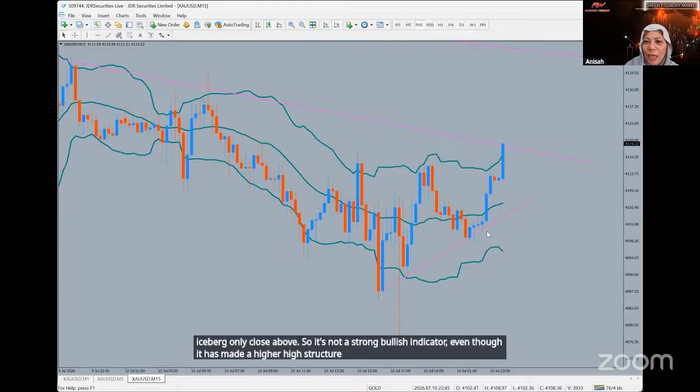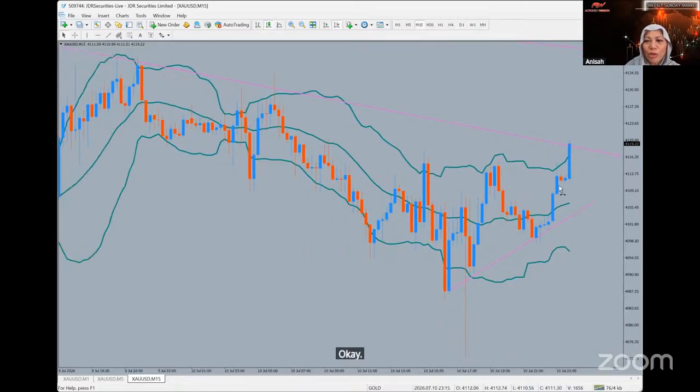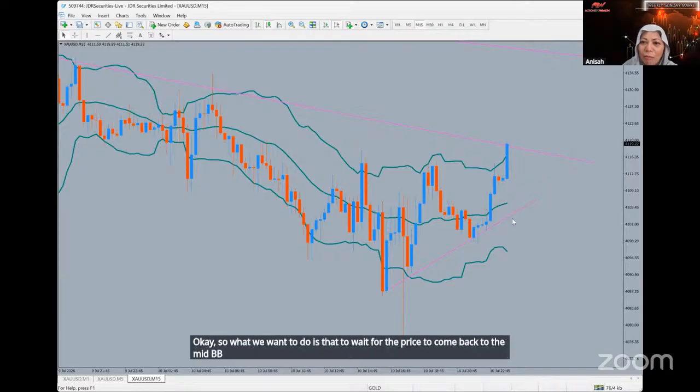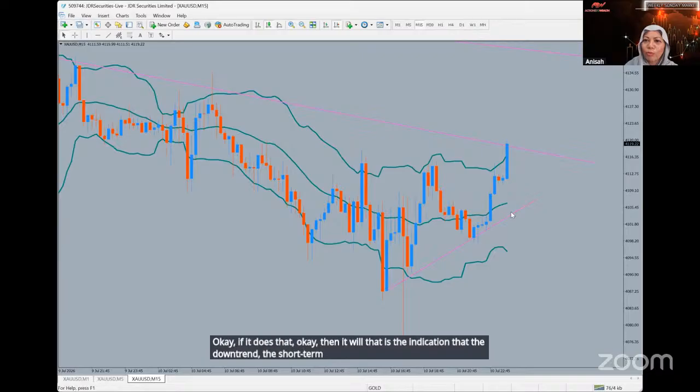In this case, what we want to do is wait for the price to come back to the mid BB and pierce into the bearish area. If it does that, that is the indication that the short-term downtrend will resume.